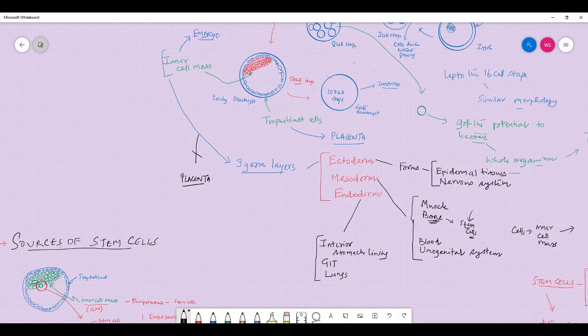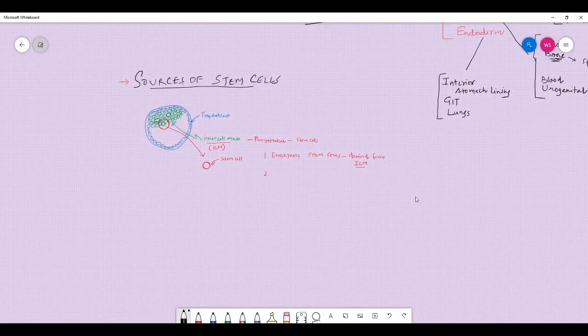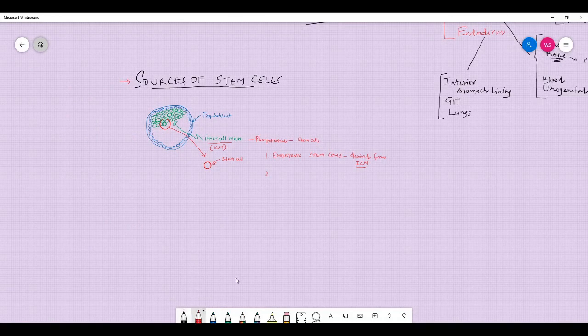But at this stage, in this diagram, we don't have bone cells. So in that aspect, we say that the bone cell is adult. So we can come down here and say that the other source of stem cells is adult stem cells.